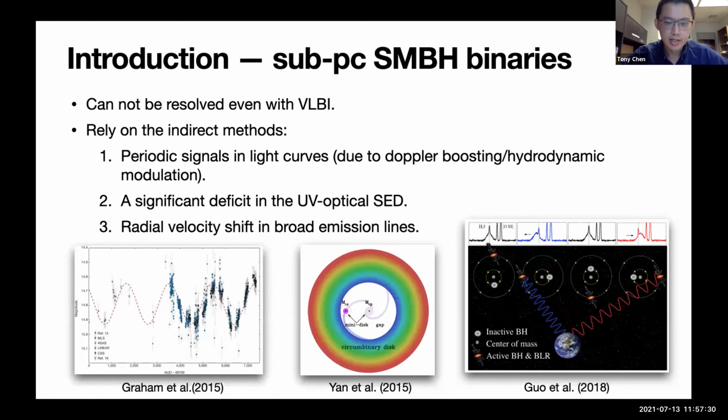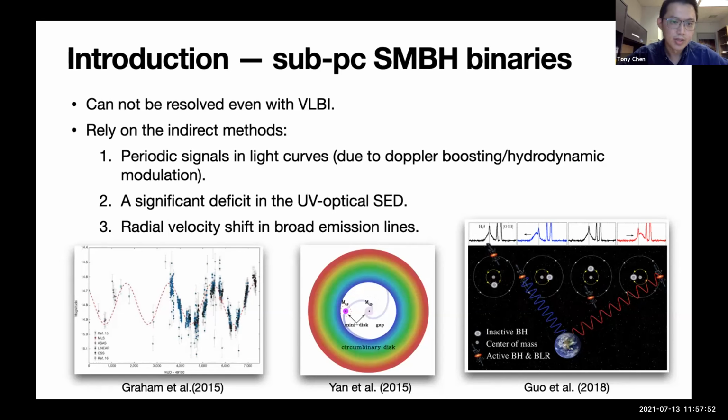However, the separation of those binary supermassive black holes is very small. So even with VLBI, the very long baseline interferometers in radio, we cannot resolve them. So we need to rely on several indirect methods.